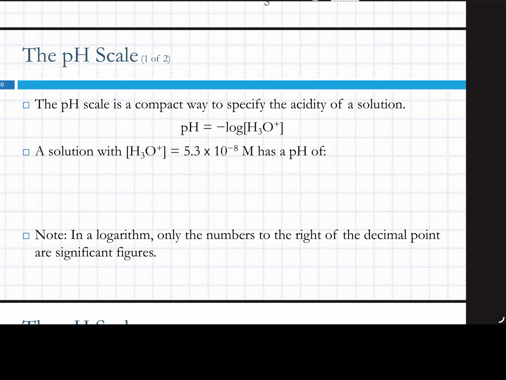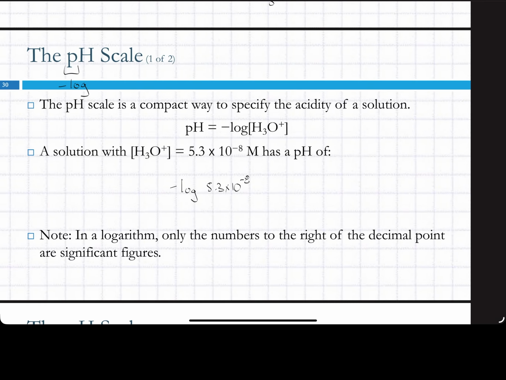And really the P in pH means negative log of H. So if we want to calculate the pH of this solution, 5.3 times 10 to the negative 8, it is the negative log of 5.3 times 10 to the negative 8.